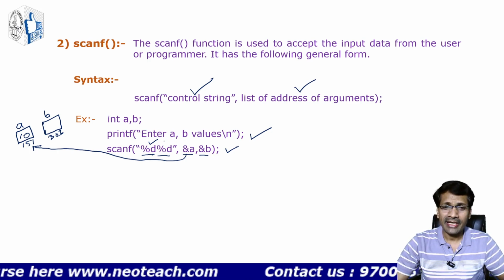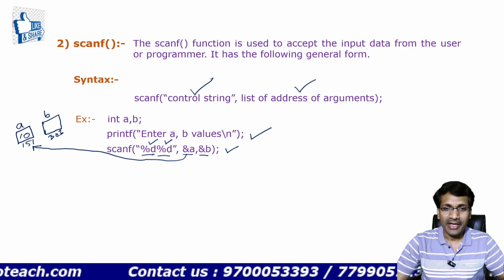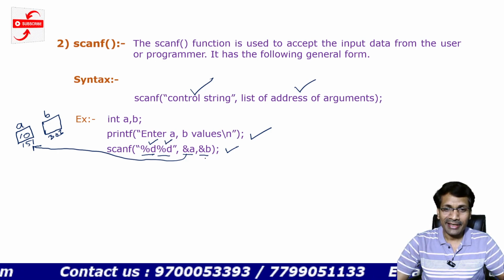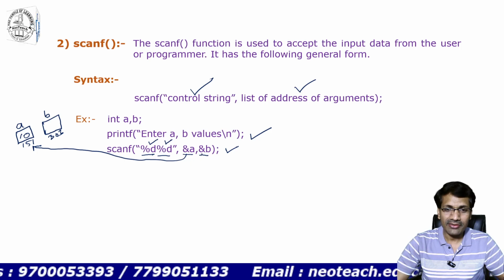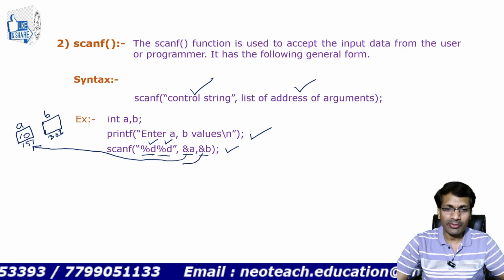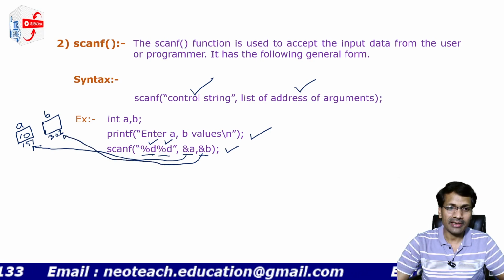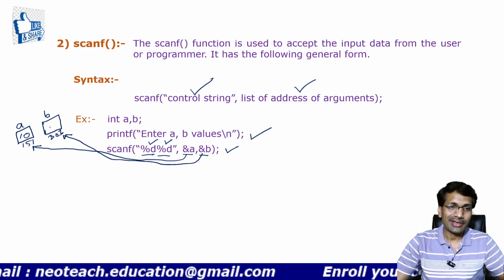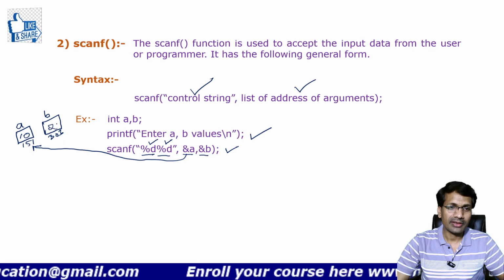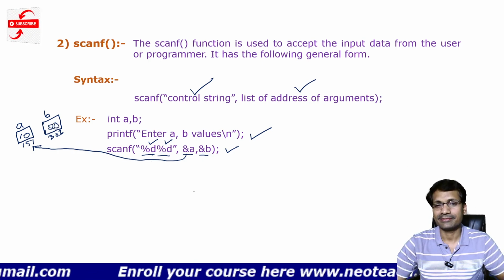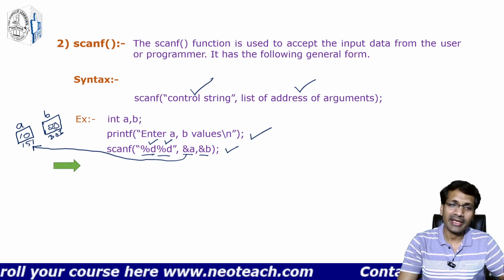In the same way, the second formatting code is for the second variable, b. This %d stores the next given value. What is the next given value? 20. The 20 will go to the address of b, so it will be stored into the b variable like this. This is the way it goes on internally by the compiler.